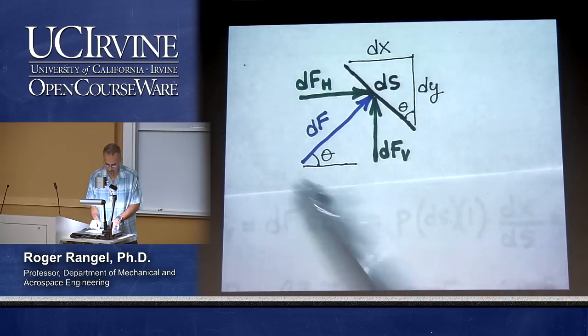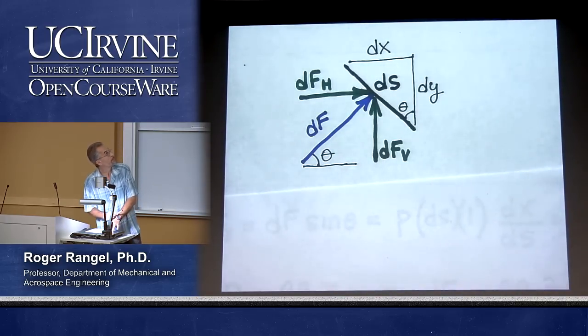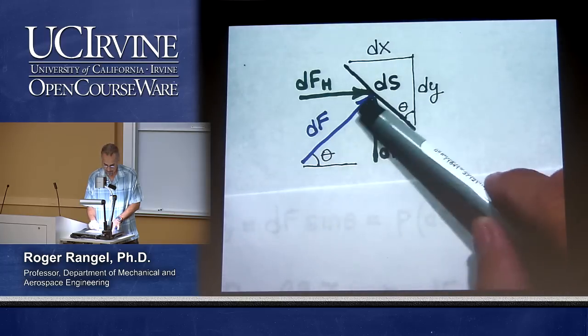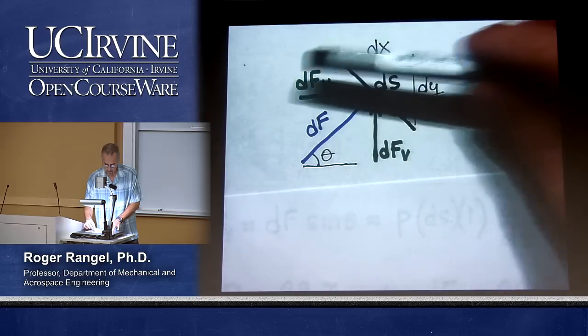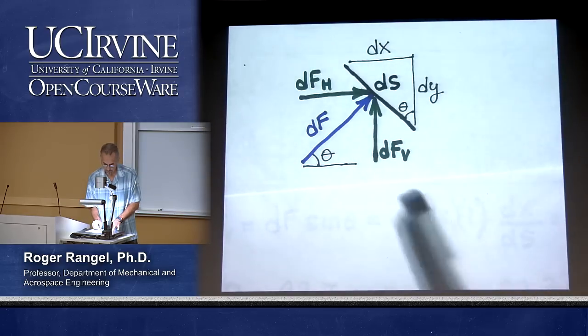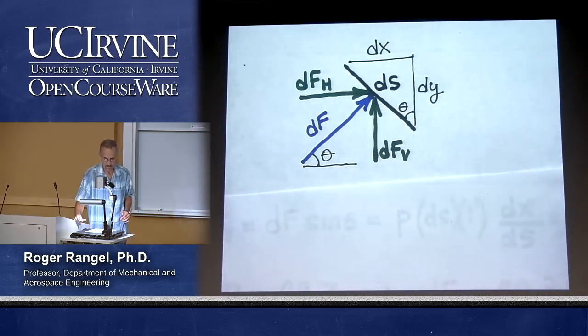And here are the same forces that I showed in the previous schematic. So I have my differential force dF in blue, and then the components of that force in the horizontal and vertical directions, dF_H and dF_V.